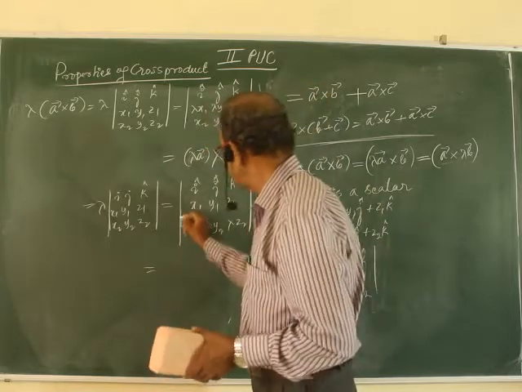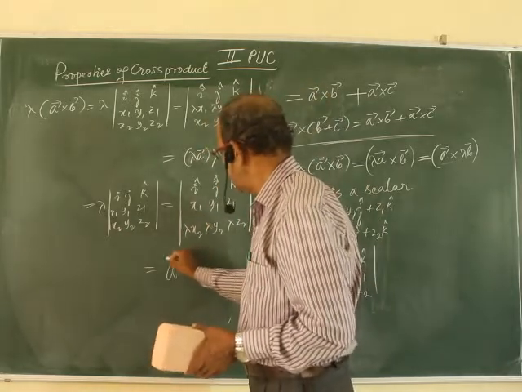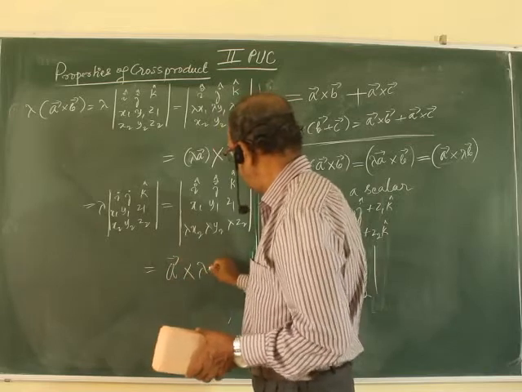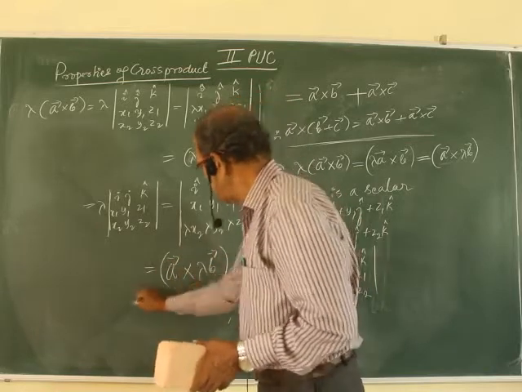So this is vector A cross lambda B. Note the difference.